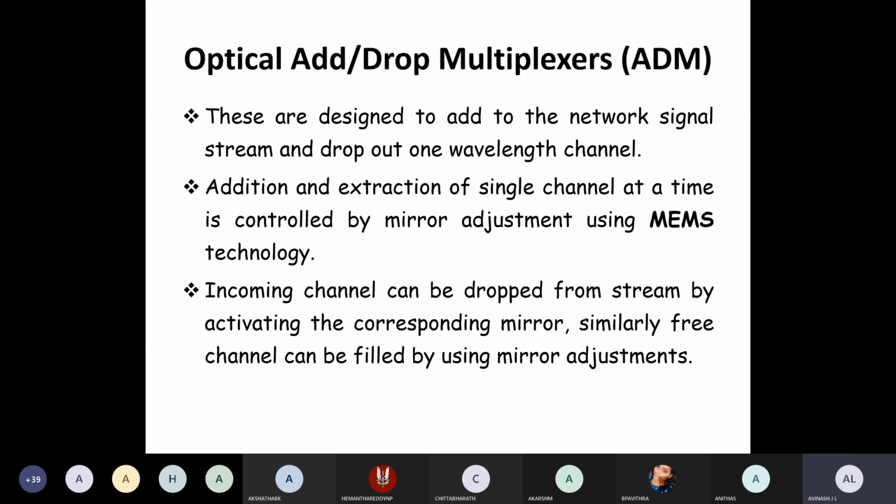Okay, so an incoming channel can be dropped from the stream by activating the corresponding mirror. Similarly, a free channel can be filled by using the mirror adjustments. Please make a note of these sentences, all of you.